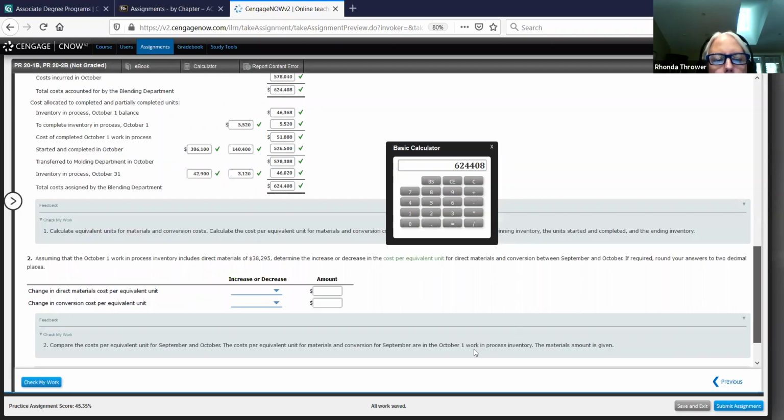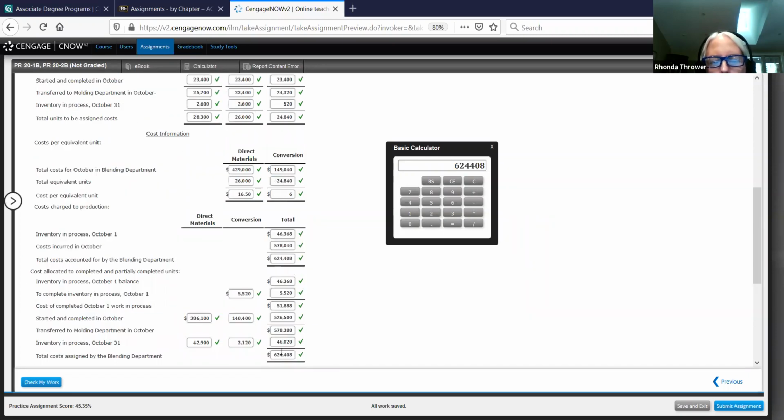I want you to notice something. The ending amount here balances back up to this. So what we've done is we've taken these costs and broken them down to see what happened during this month.